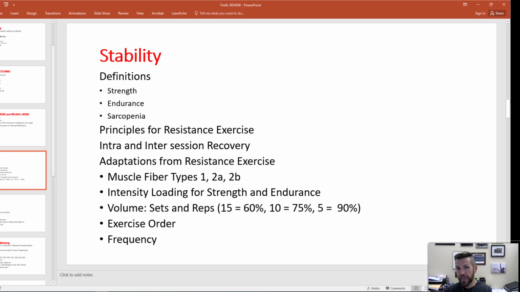As far as the intersession, what we look at there is, how many days does it take? And this is what guides us into frequency anyways, but they really need 48 hours of rest between exercise sessions to really recover and be able to return. Although I know that flies in the face of a lot of traditional strength training, especially those people who are doing it 5 or 6 days a week.